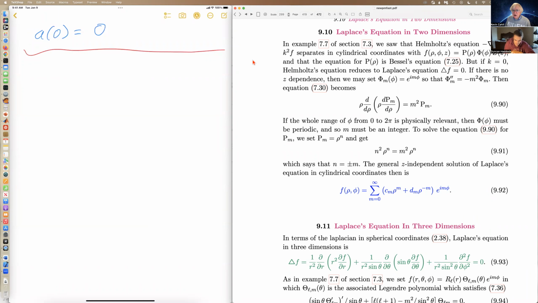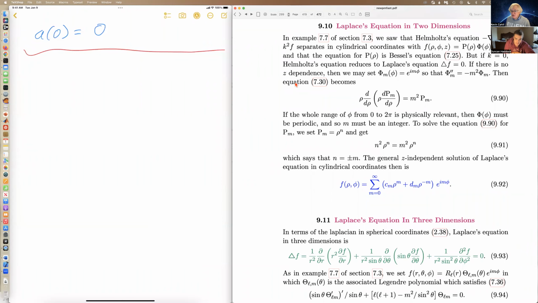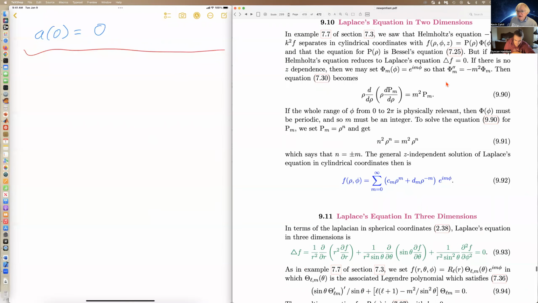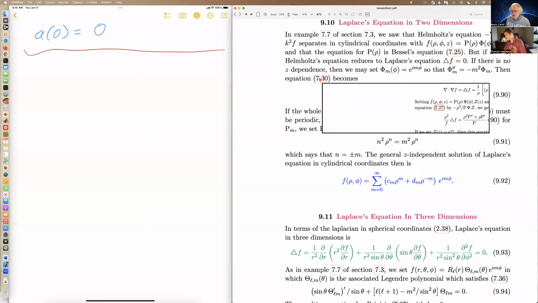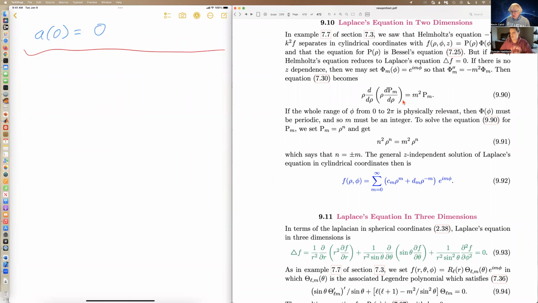Now, if k equals 0, then Helmholtz's equation, of course, is just Laplace's equation. If there's also no z dependence, then we can just set Phi equal to e to the i m phi. We don't have any z at all, so the z goes away, and we just have R of rho and Phi of phi, and then the Helmholtz equation reduces to this very simple form.